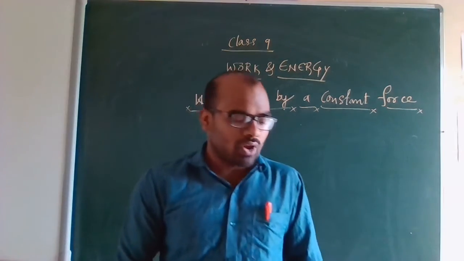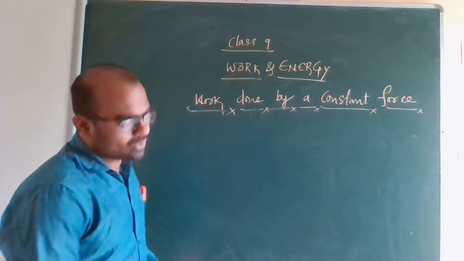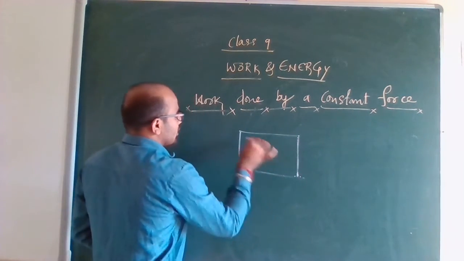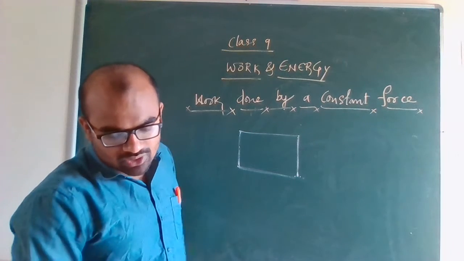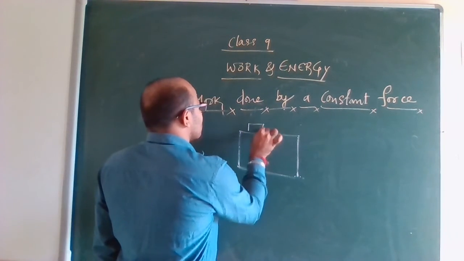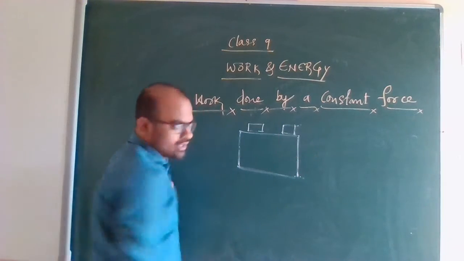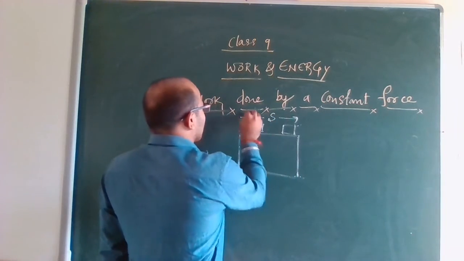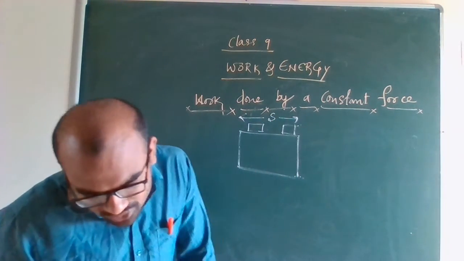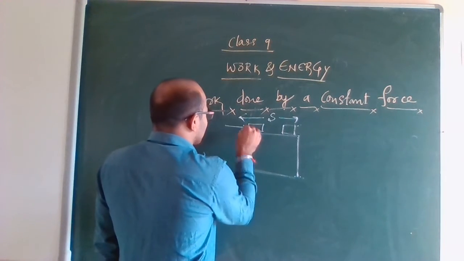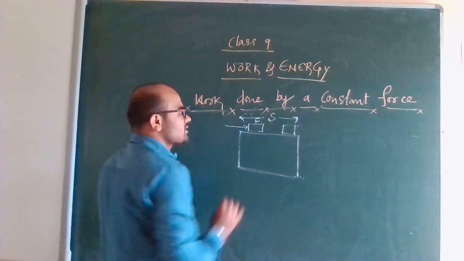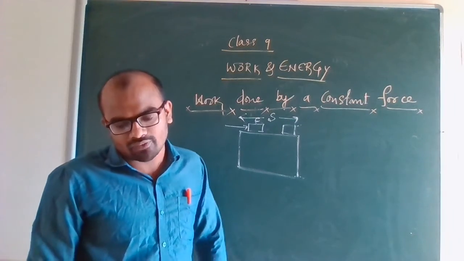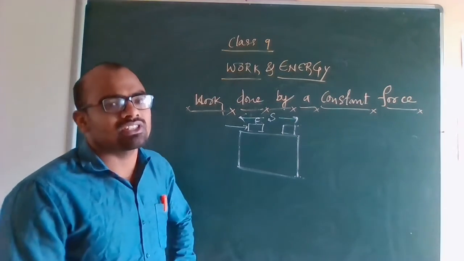For example, let us consider an object. Force F is acting on it and it makes a displacement S. Let a constant force act on the object, and let the object be displaced through a distance.